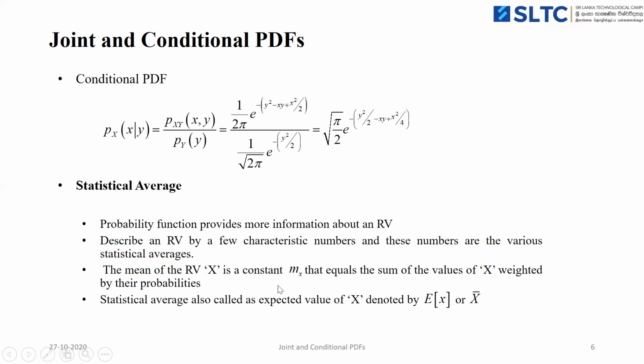The mean is also called the statistical average, or we can say it is the expected value of the random variable x. We can use the notation E of x. Here the E indicates the expectation operator, or we can use x bar, as some places do.